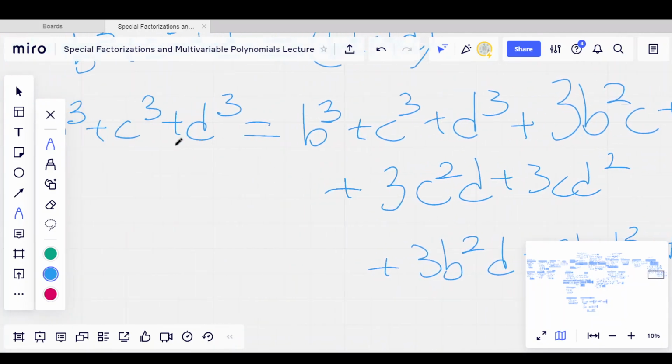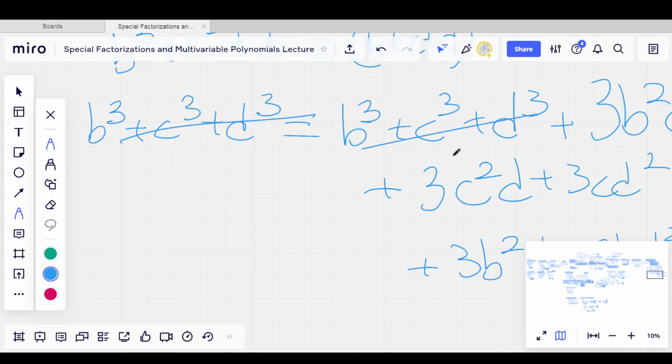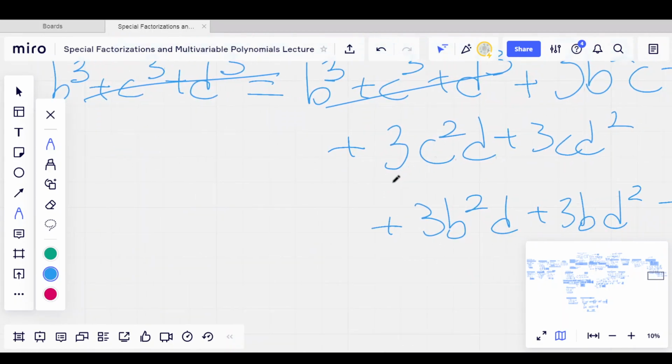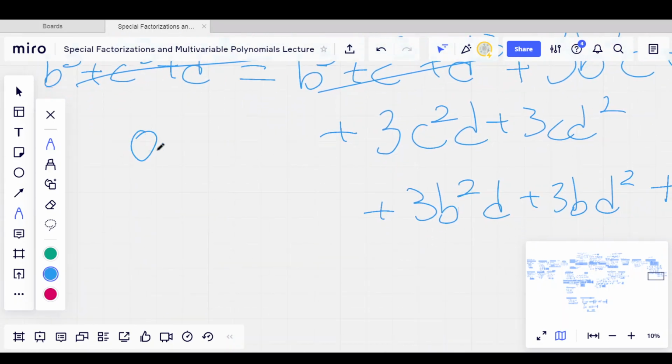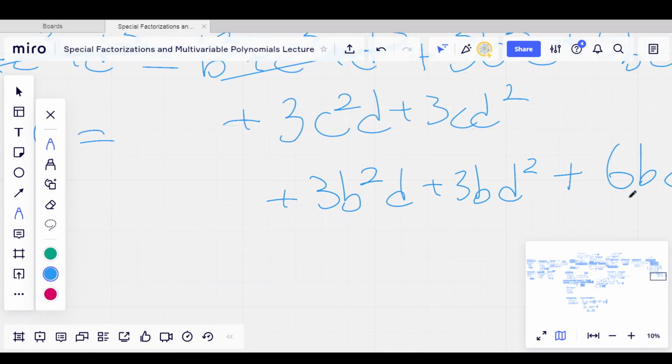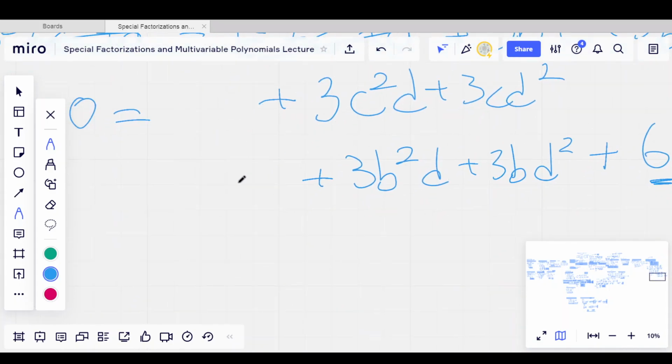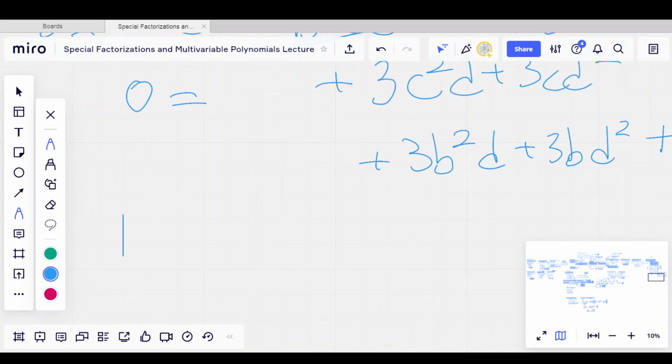So we have this canceling with that, and then just 0. So this is just 0, and then equals the sum of all those terms. Divide by 3. We can do so because you see there's a 6 right over here. So we're actually trying to factor this plus, what was it?